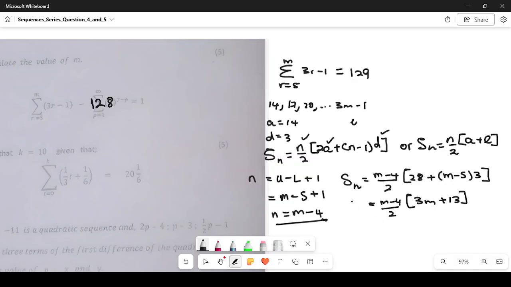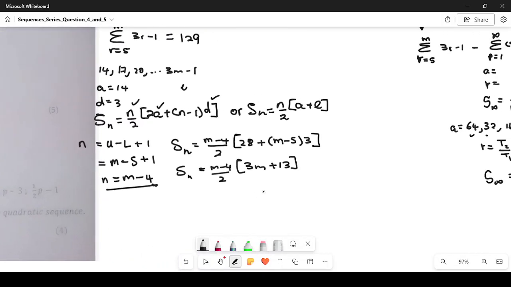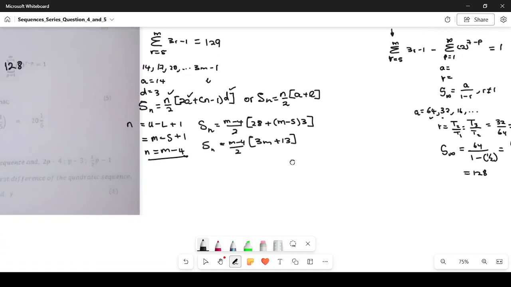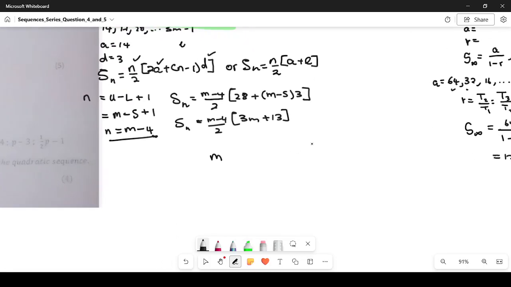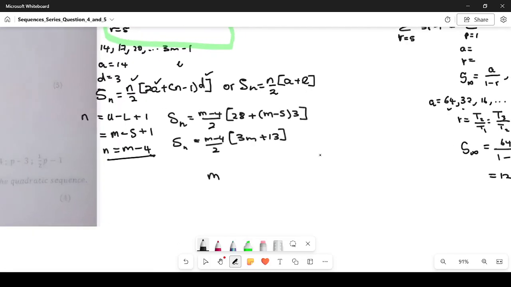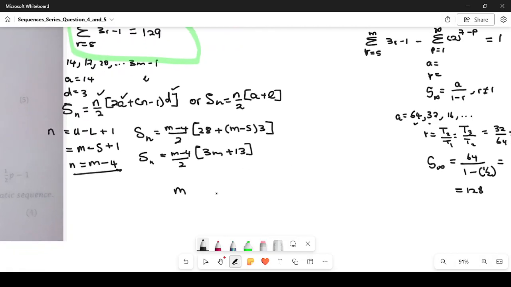Okay, and this is our sum of n terms. So now remember what we have up there, our new equation, right? We had this. So now I can rewrite this and say I've got m minus 4 and then 3m plus 13, right?